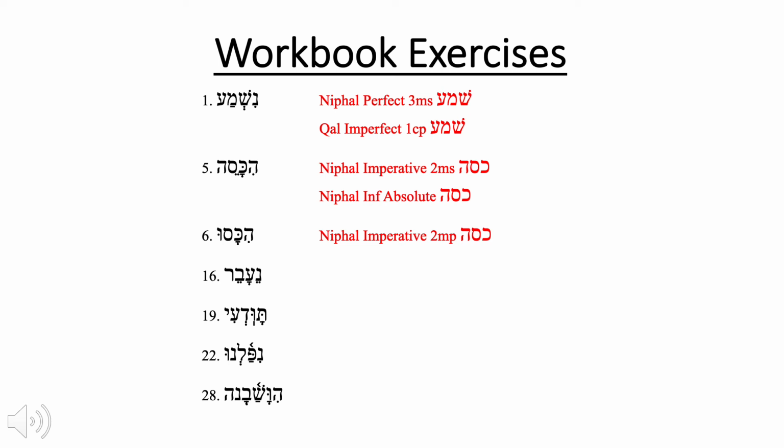A little tricky. What about number 16? Also a tricky one. How do we parse number 16? Number 16 is a nifal imperfect first common plural. We have the nun preformative, and typically we would put a dagesh in the ayin in order to indicate that this is a nifal, but we can't put a dagesh in an ayin because ayin doesn't take dagesh as a guttural.